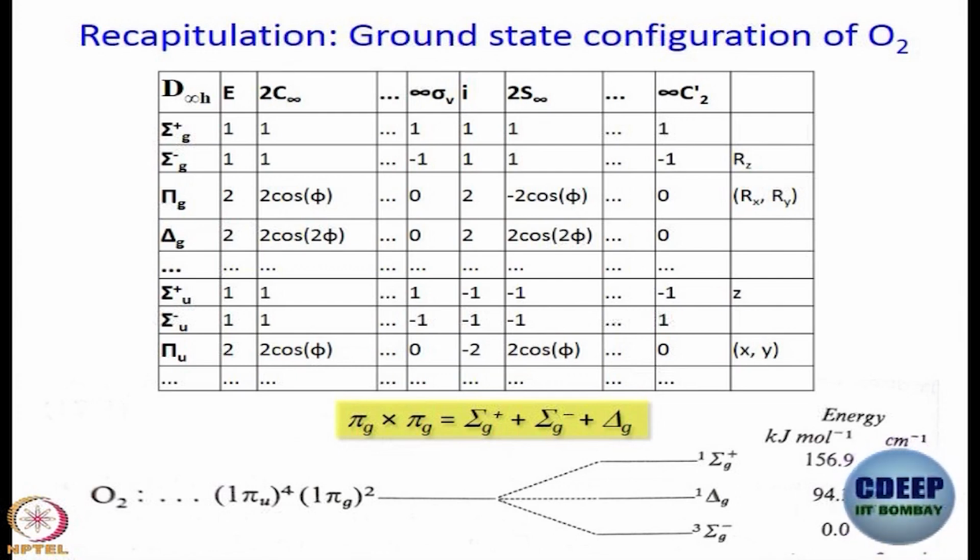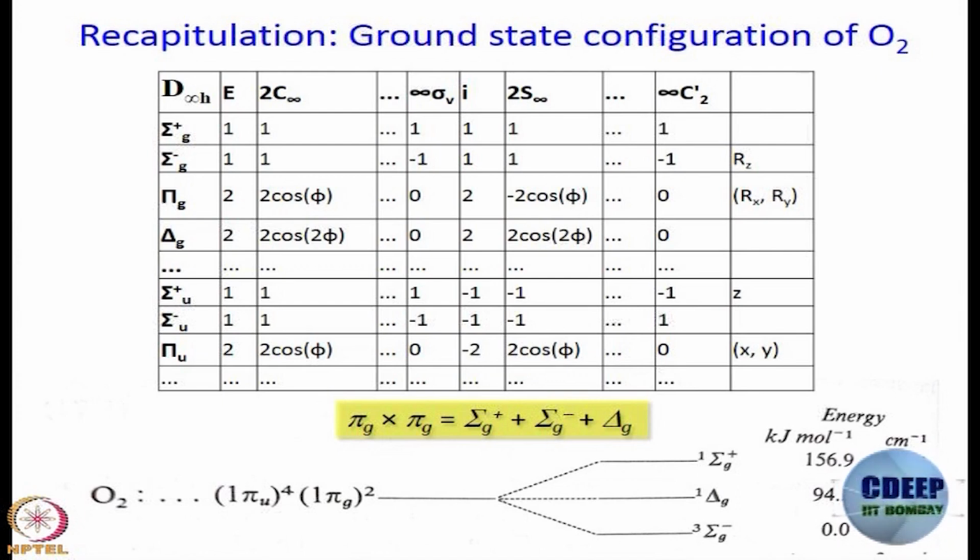We had discussed what the energies are, and we had discussed how, first of all, these 3 states arise out of the same electron configuration, right. It is just a combination of different spatial and spin parts corresponding to the same electron configuration, which is this 1 pi u4, 1 pi g2. That is the first thing to understand, that the same electron configuration can actually give you different states.